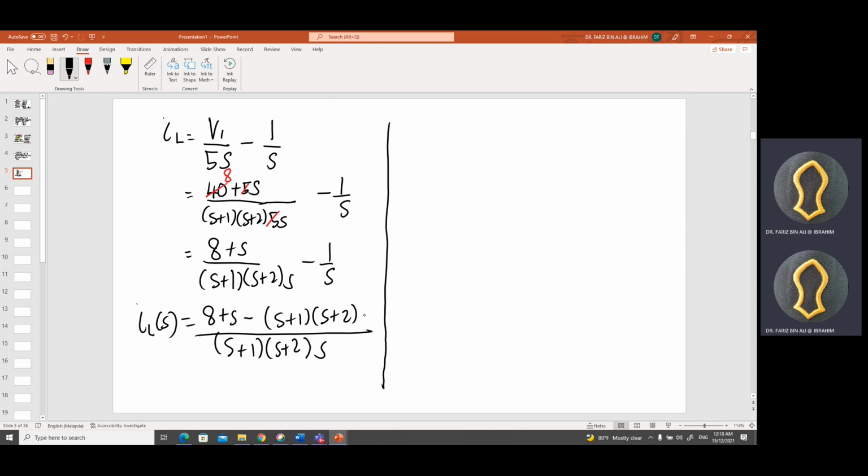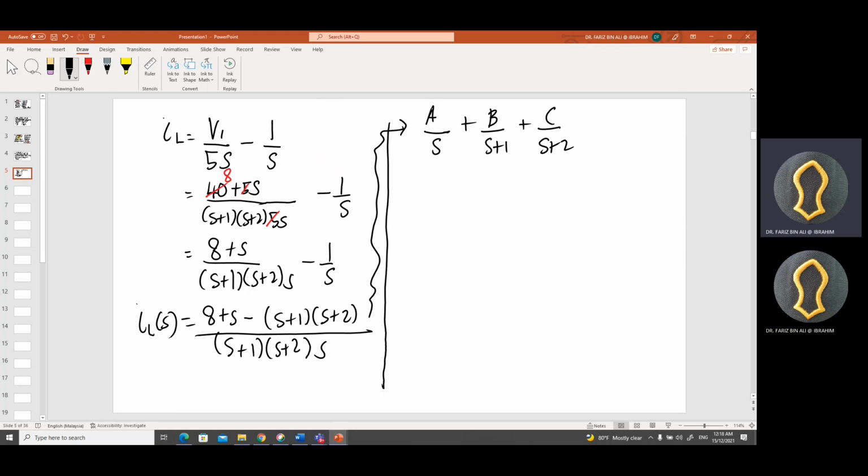So make this equal, okay, we bring up here, this equal to A over S plus B over S plus 1 plus C over S plus 2, which is equal to this.